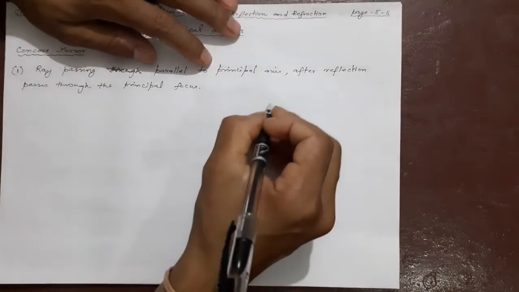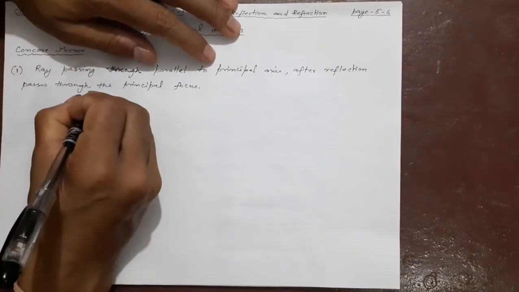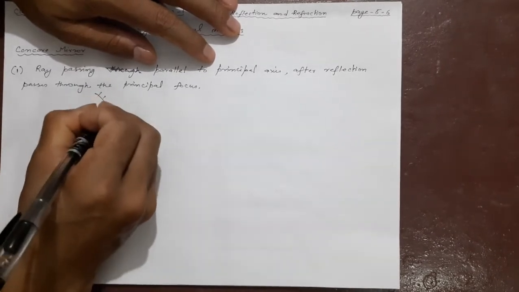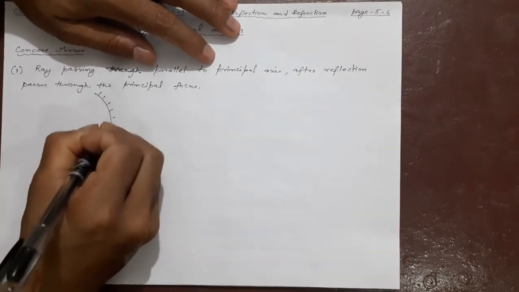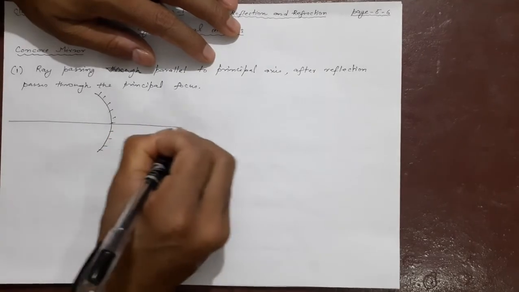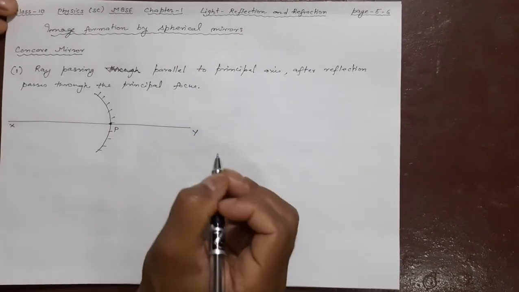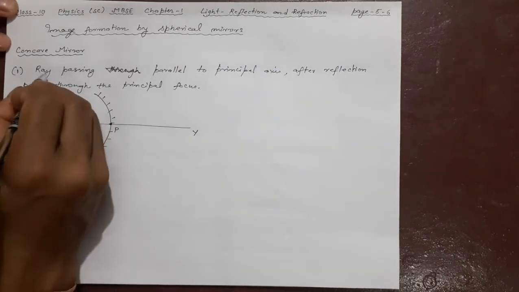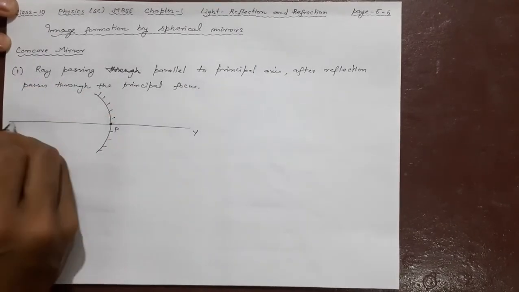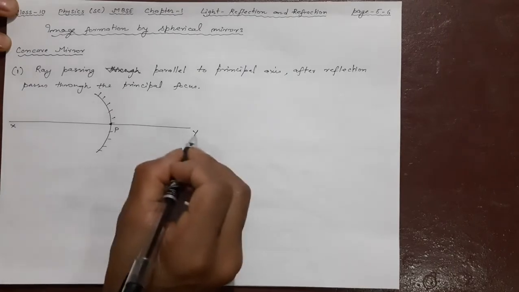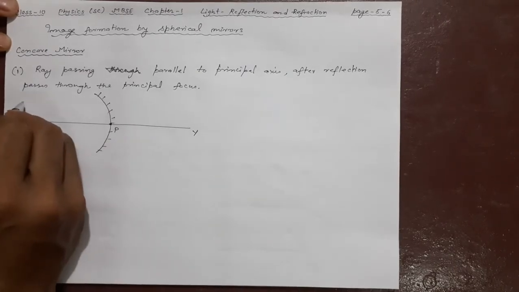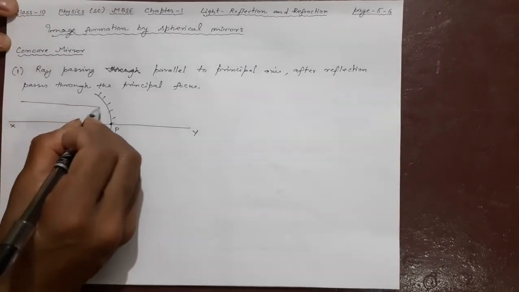Let's see. The meaning is that suppose you have a concave mirror, you have that principal axis, this is pole, X Y. It says a ray passing parallel to the principal axis. This line is the principal axis. Any line parallel to this will be this one.